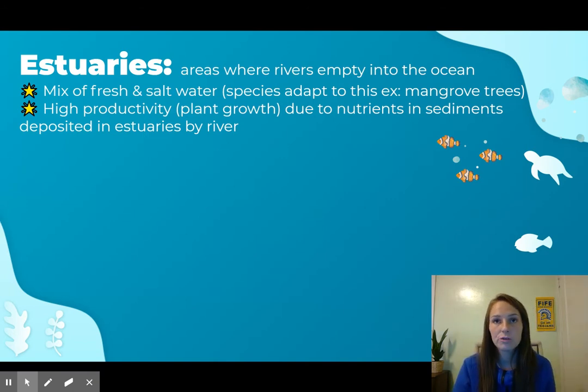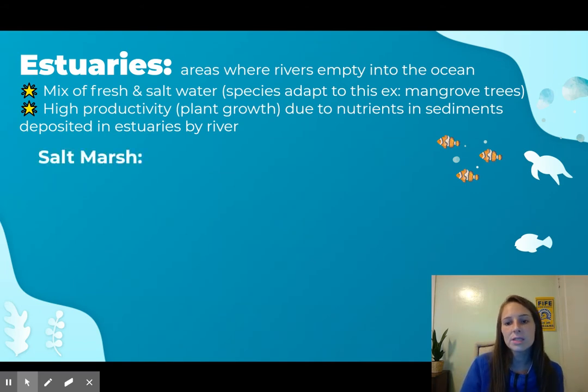They are able to do freshwater and saltwater. Now, estuaries are also highly productive. There's a lot of plant growth because, again, this is another area where we're getting nutrients in the sediments deposited. So the rivers are bringing down all these sediments, the leaves, the dead organisms, and it's coming into the soil at the end of this river where it meets the ocean.